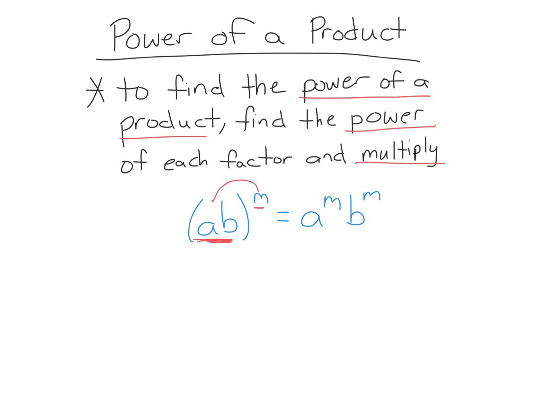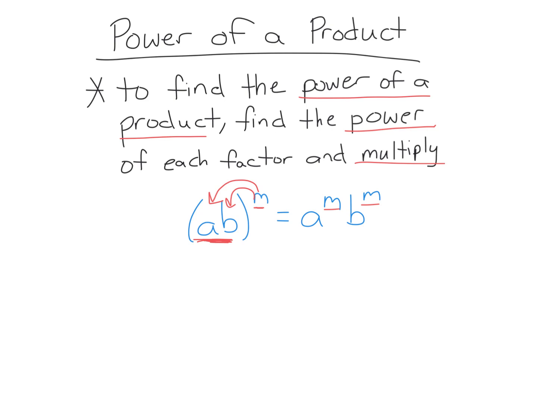You're going to distribute that exponent to each term inside. So that's going to leave us with a to the m power and b to the m power. So every term you have inside those parentheses, you got to take that power to each term. Okay, it'll make a little more sense when we actually look at an example.